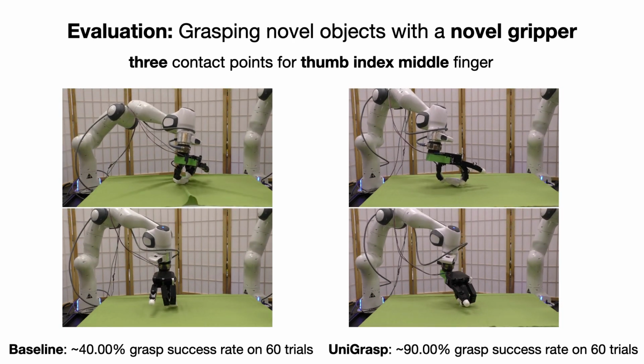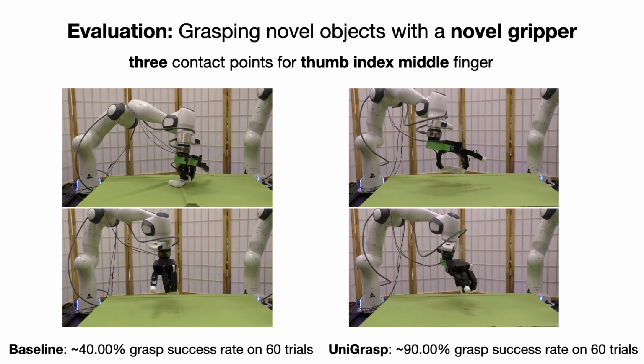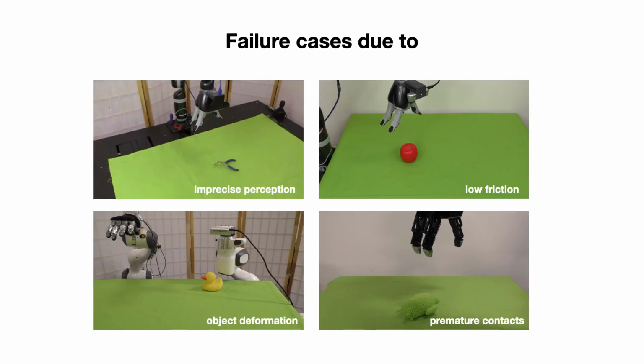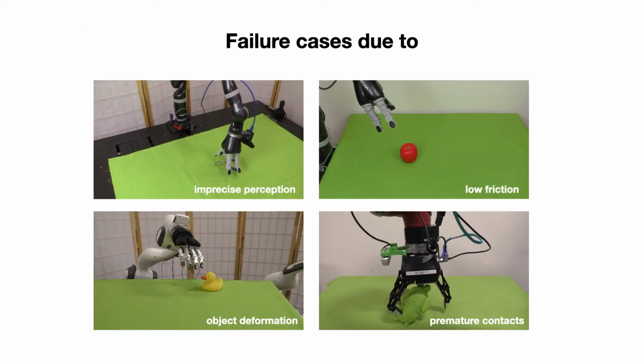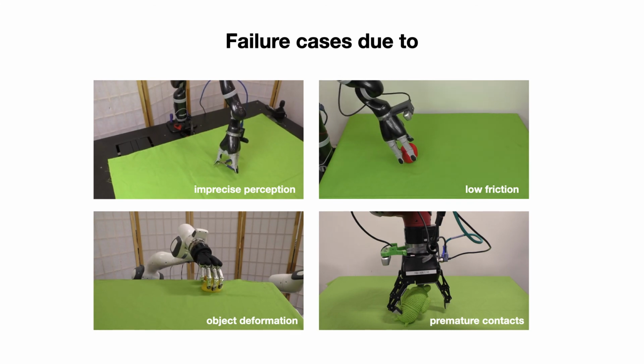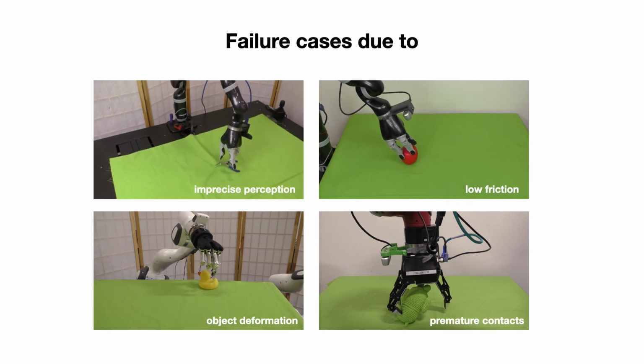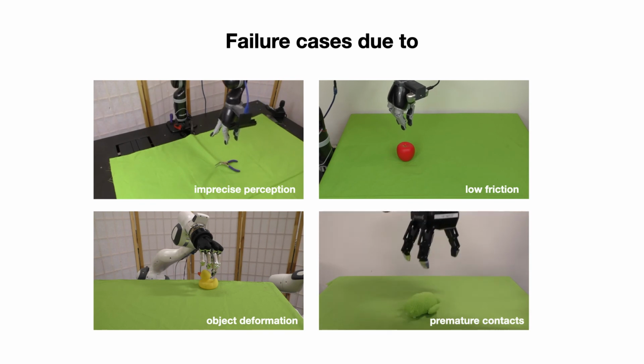Note that our model would select the 3 contact points for the thumb, index, and middle finger. Our model achieves 90% grasp success rate, while our baseline method can achieve only 40%. The failure cases are mainly due to imprecise perception, low friction, object deformation, and premature contacts.